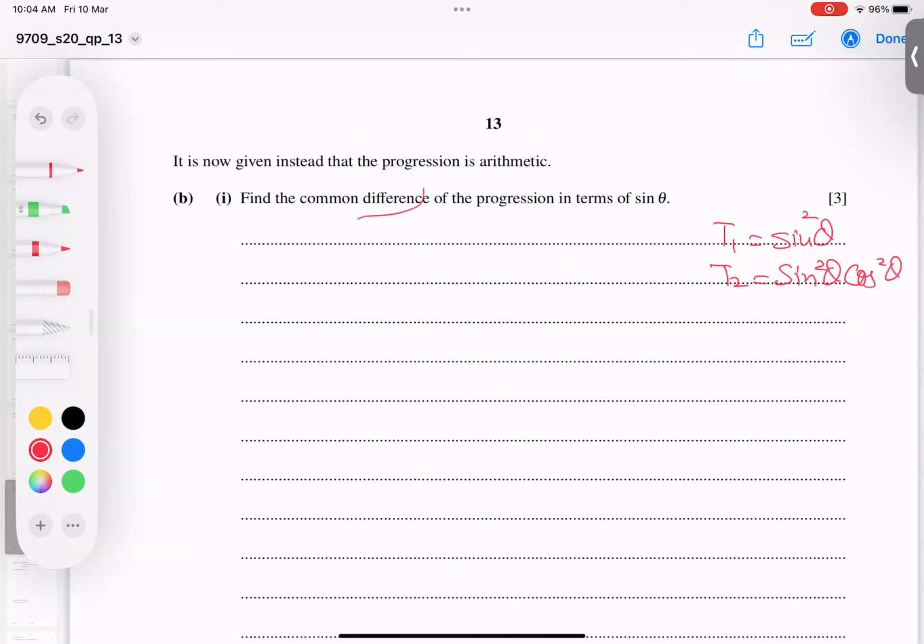If the examiner asks what the common difference is, not a hard job for you. Second term minus first term. Second term is sine square theta cos square theta, minus sine square theta. If I take sine square theta common out, in the bracket I get cos square theta minus 1.